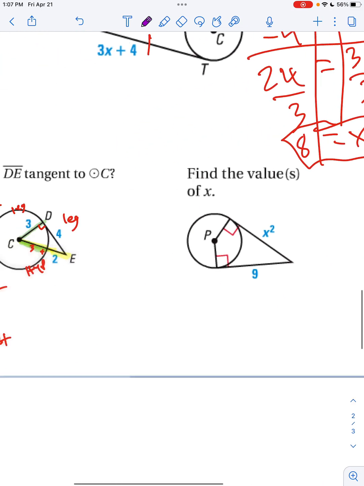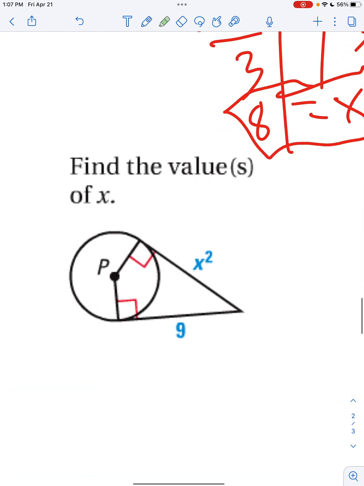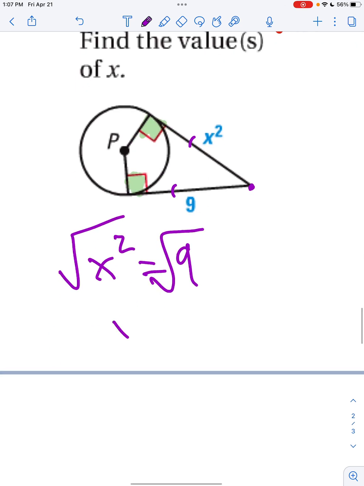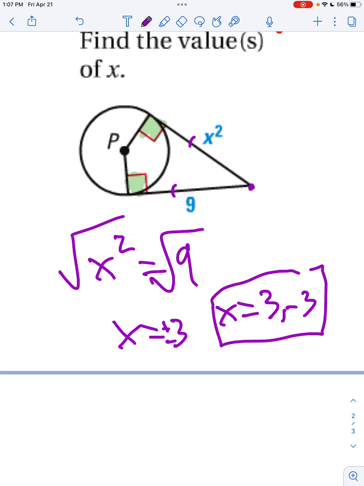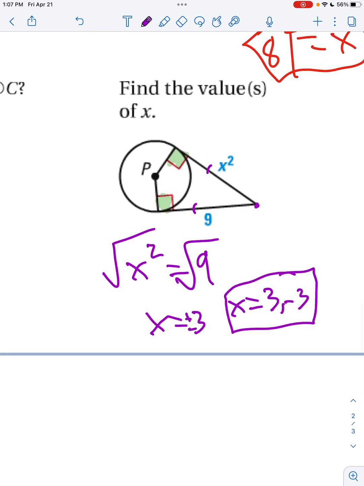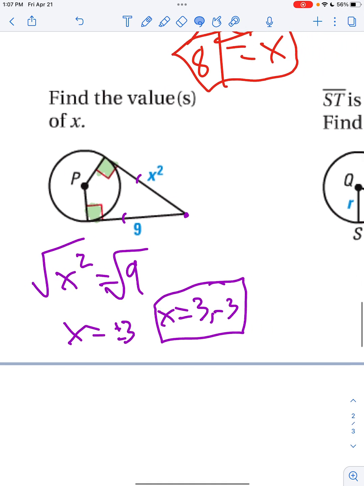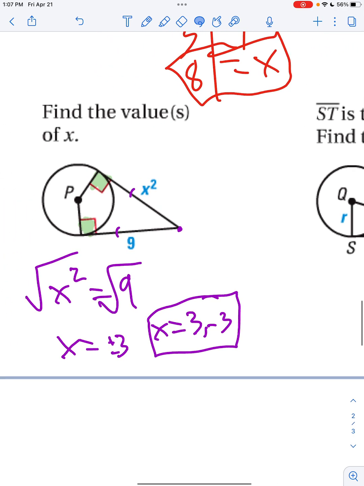As I look back at this example, because it tells me that it's 90 degrees right here and 90 degrees right here, I know that these two lines are going to be congruent because it's basically the same property, and I can set them equal to each other. And when I take the square root, I get 3 positive or negative. So again, because it said values, x could be positive 3. 3 times 3 is 9. X could be negative 3. 3 times negative 3 still equals positive 9.